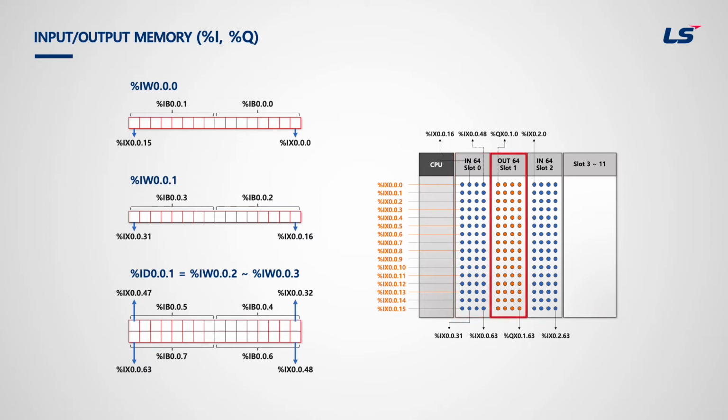The second module is output module with 64 contacts from QX0.1.0 to QX0.1.63. The address for the next input module is from IX0.2.0 to IX0.2.64.